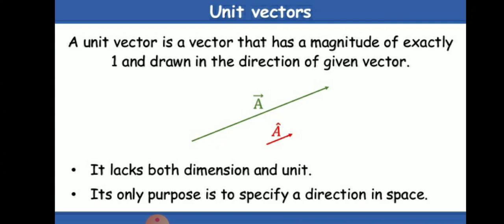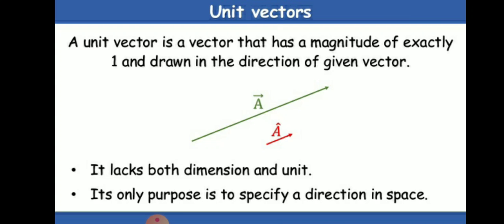Here you can observe the vector A that is a unit vector, but its representation is A cap. The unit vectors along the x, y, z axes of a rectangular coordinate system are denoted by i cap, j cap and k cap respectively, since these are unit vectors.